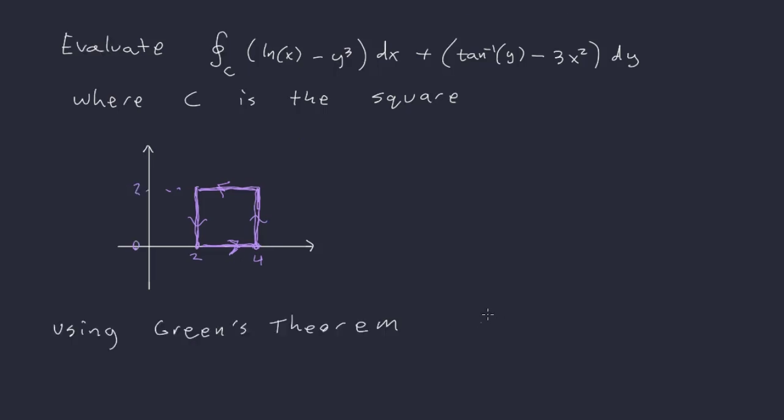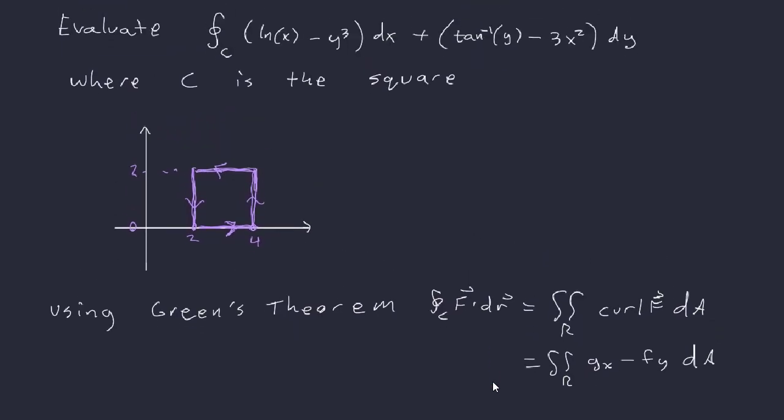Using Green's theorem, remember the circulation F dot dr is going to be the double integral over big R of the curl of F dA. Well, the curl of F, that's g sub x minus f sub y dA.